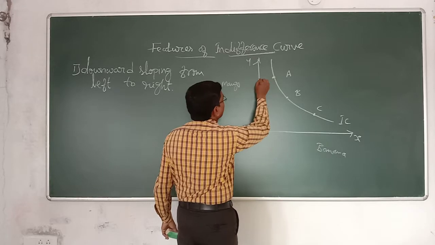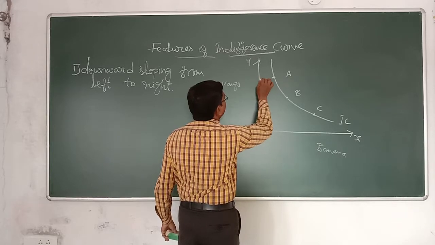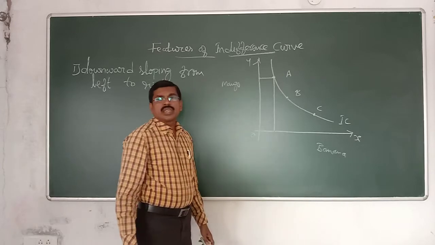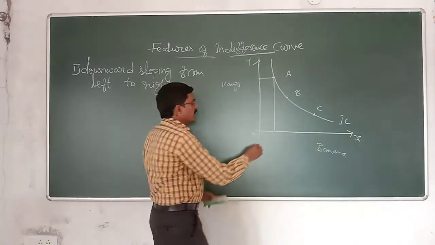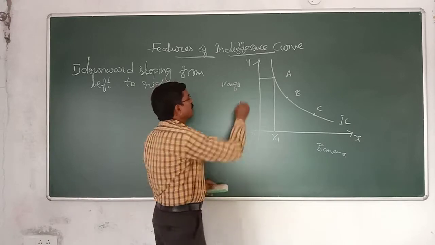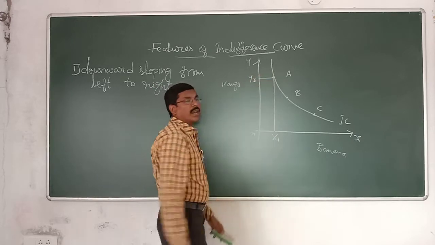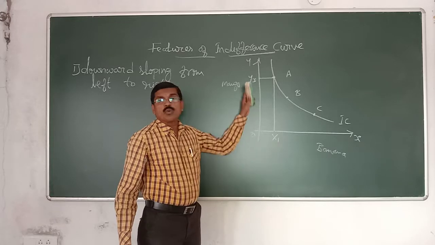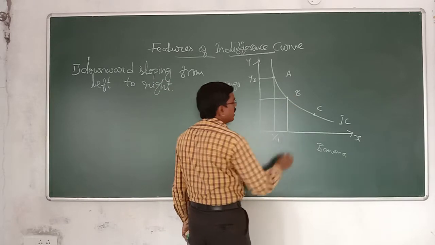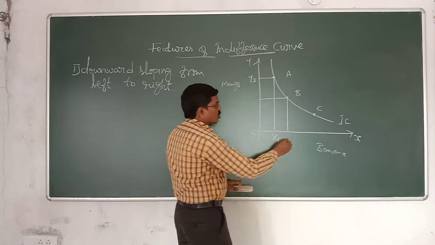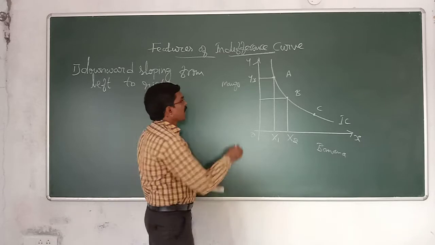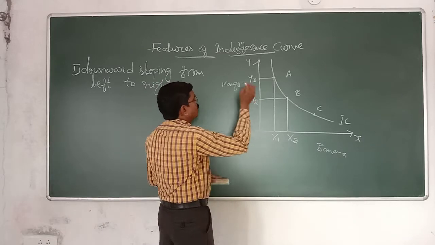In the A combination, a consumer purchases X1 quantity of banana and Y3 quantity of mango. In the B combination, a consumer purchases X2 quantity of banana and Y2 quantity of mango.